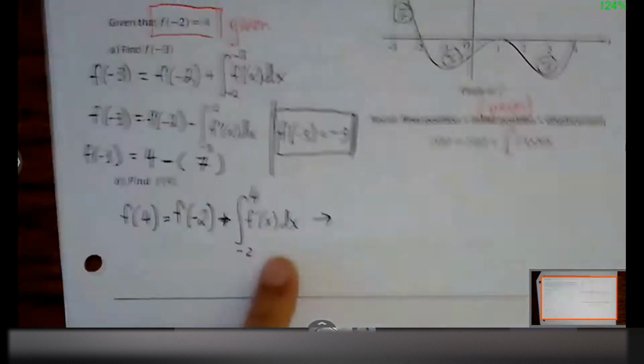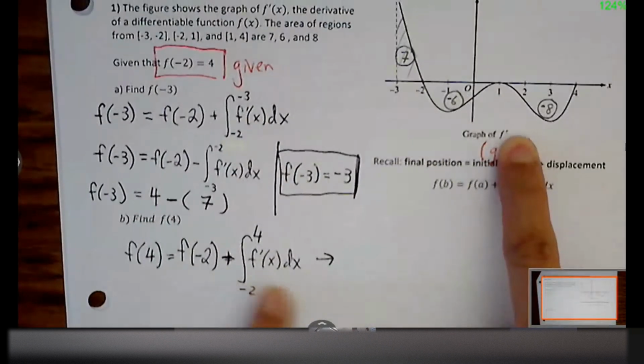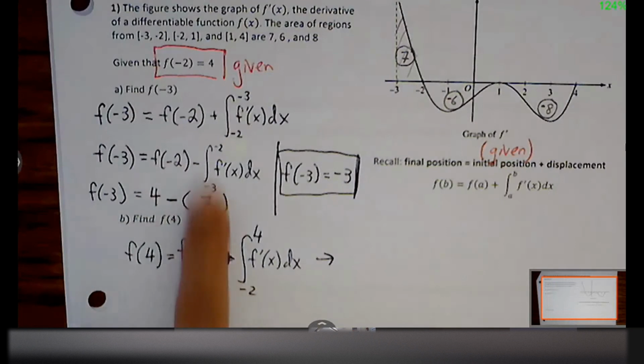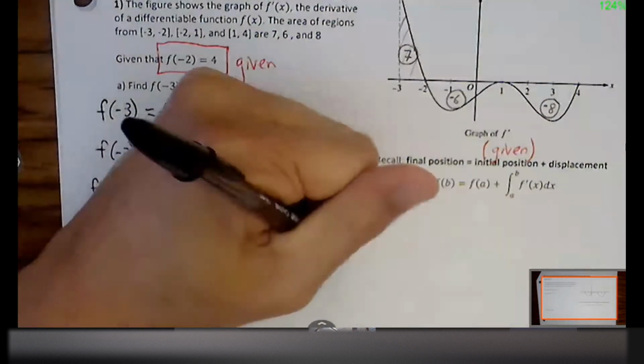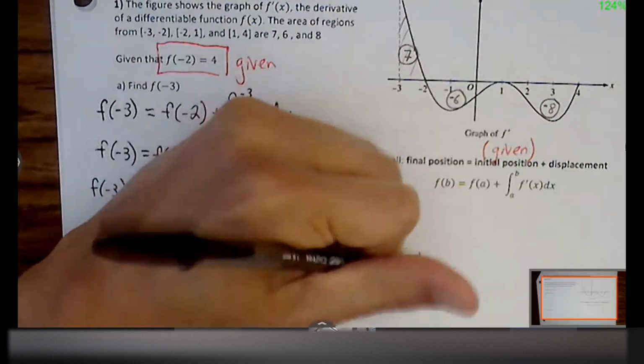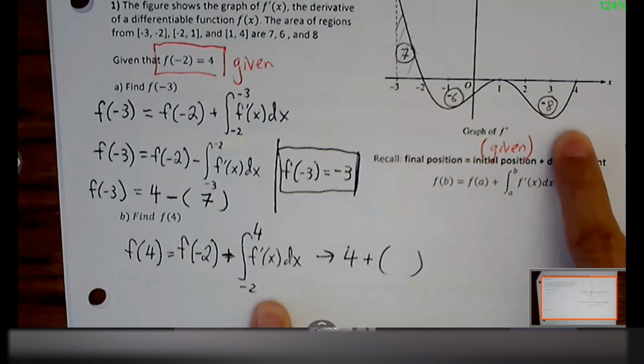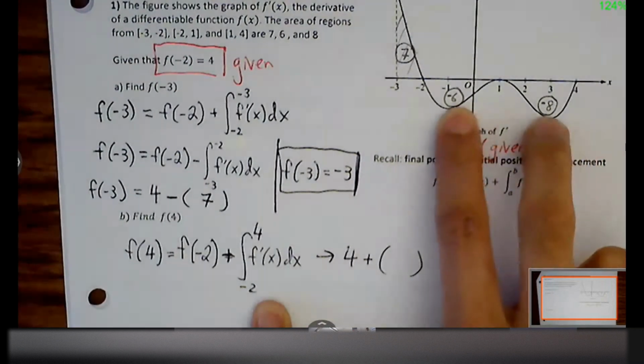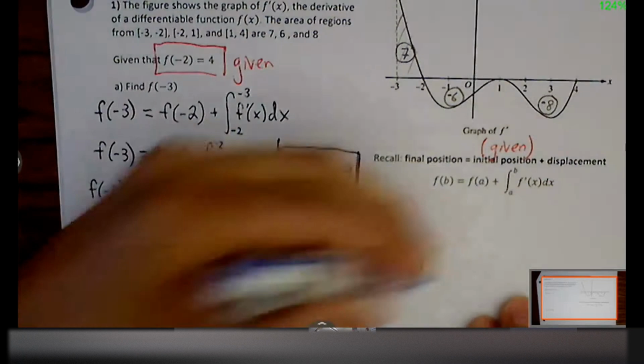Okay, we can go directly to our graph and start making our substitutions. F of -2, which is 4. And then -2 to 4 is just these two values combined together. Sorry, I may print these bigger.